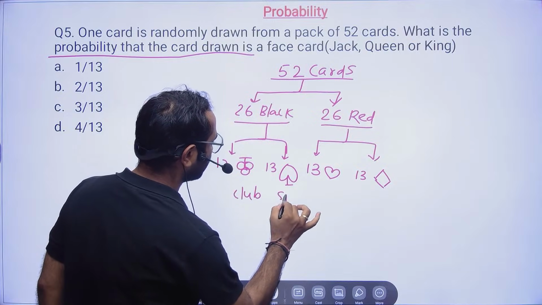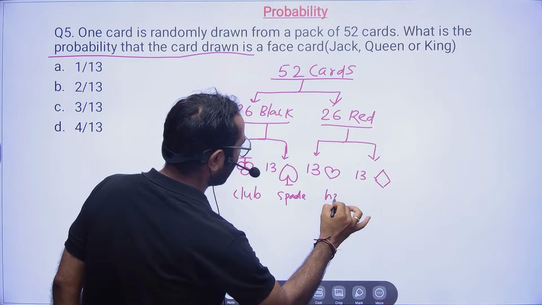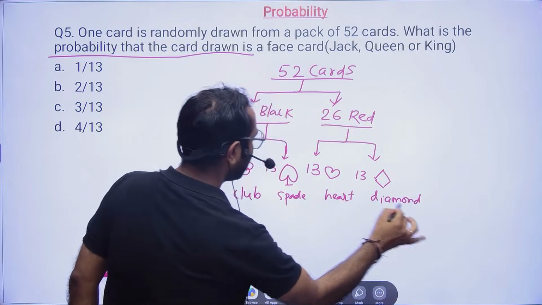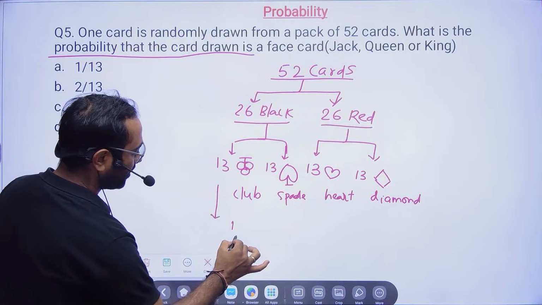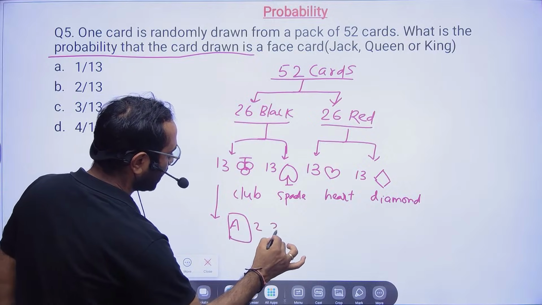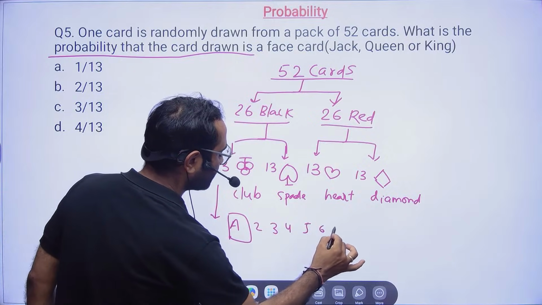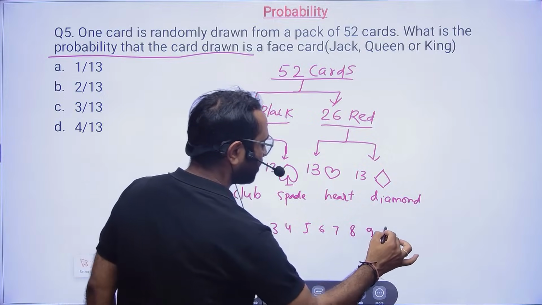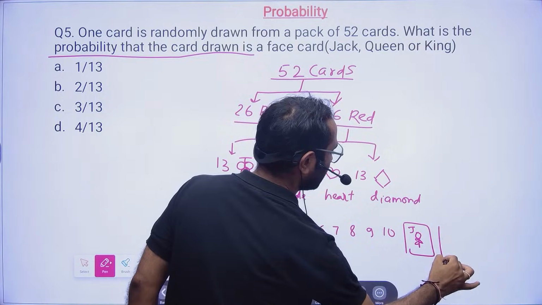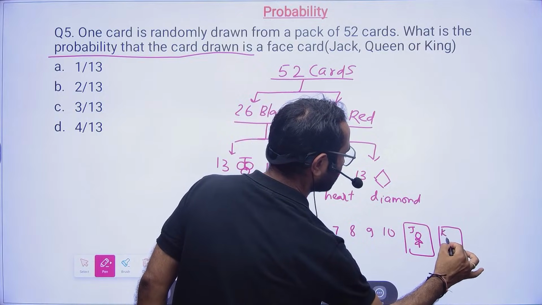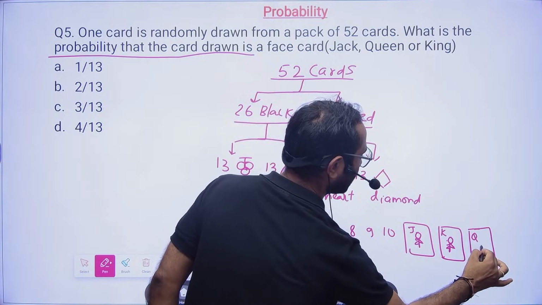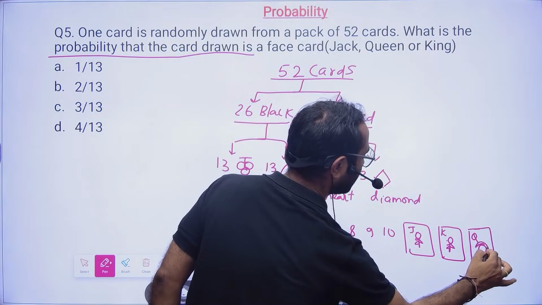This will be called club, this will be called spade, this will be called heart, and this will be called diamond. Now if we talk about the 13 cards, we will have the A, 2 3 4 5 6 7 8 9 10, and then we will have jack, a face here, then king, a face here, and then queen, a face here.